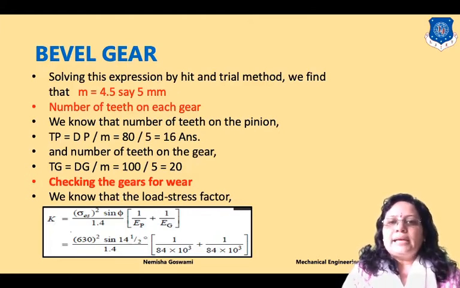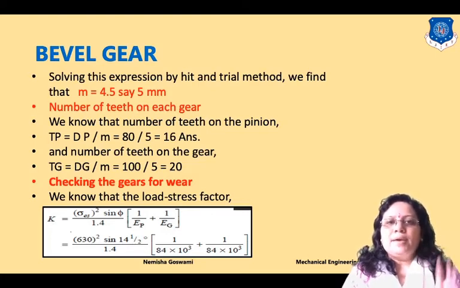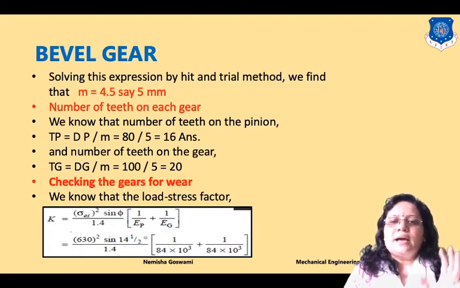Now, you have to check the design for wear. Okay, so we have to find out the maximum wear load in the case of a Wavell gear. So what is the load stress factor? Again, this is the standard formula. K is equal to sigma ES whole square multiplied by sin phi, where phi is the pressure angle, divided by 1.4 and multiplied by 1 upon EP plus 1 upon EG.